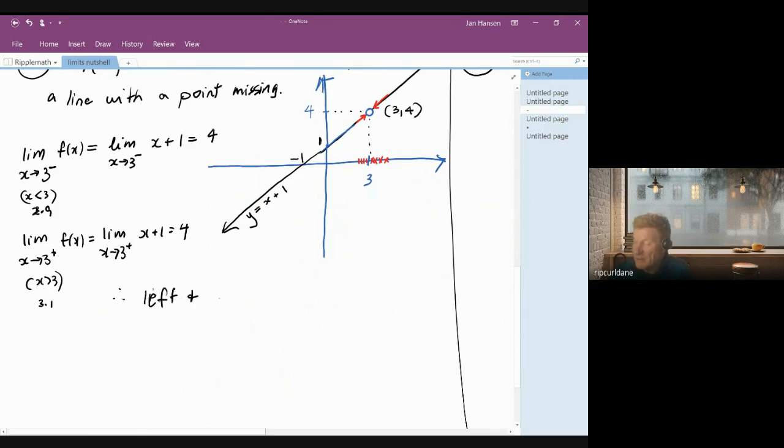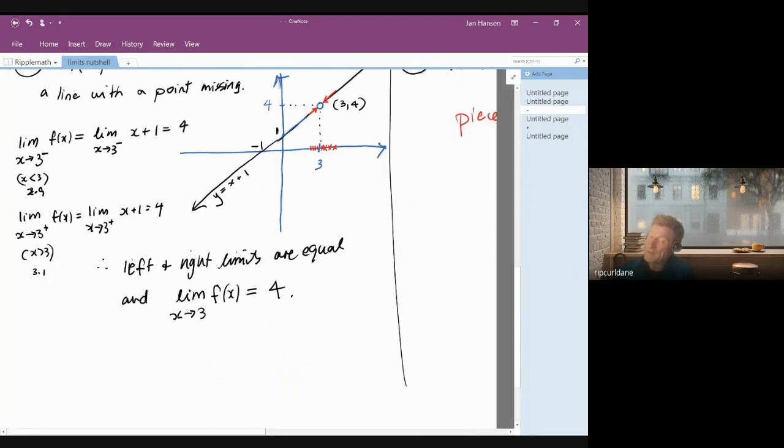So therefore, the left and right limits are equal, and you write the limit as x approaches 3 of f of x is actually equal to 4.